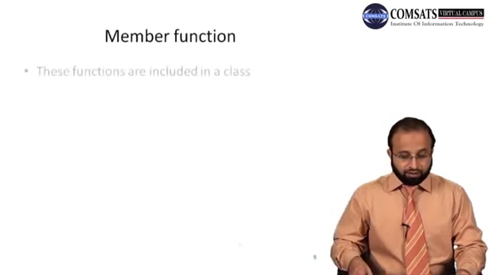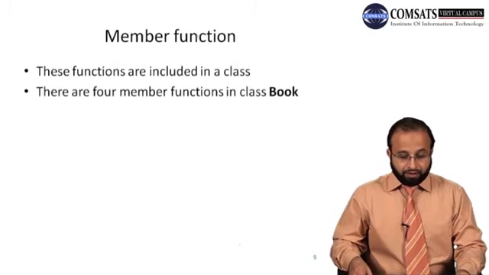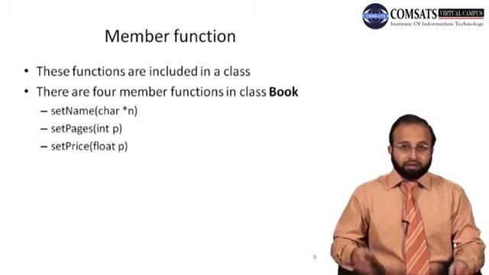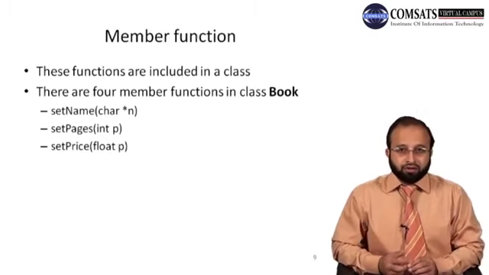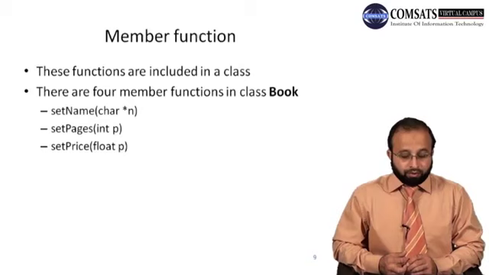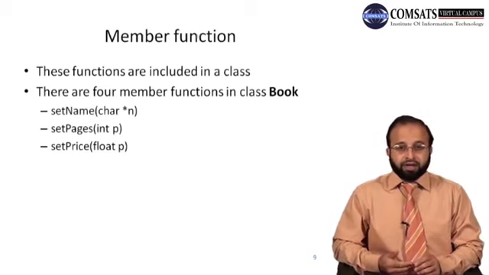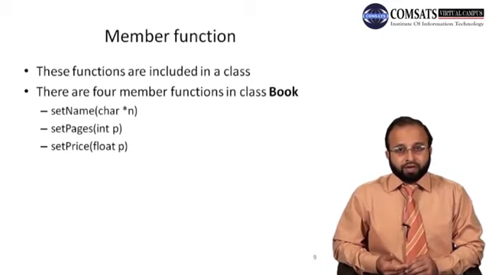Then come the member functions. These member functions are included in the class. There are 4 member functions in the book class, and these are set name, set pages, set price. So there are 3 set functions. Now you remember I told you that we will see what a set and get function is. A set function is a function that sets the value of the private data member of the object of that class, right?